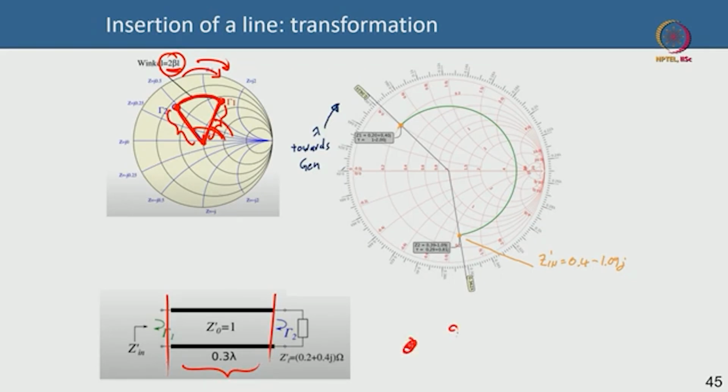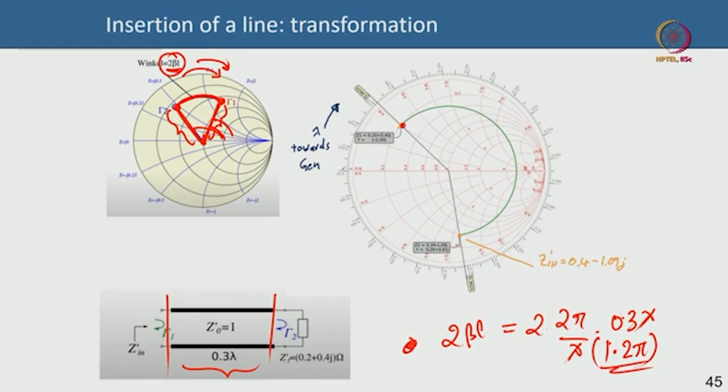I will have 2 into beta into L. So, 2 beta is 2 pi by lambda, into length 0.3 lambda. Lambda gone, this is 4 into 0.3 which is 1.2 pi. 1.2 pi is more than pi, and pi is 180 degrees, so it is something like 200 degrees around that point.